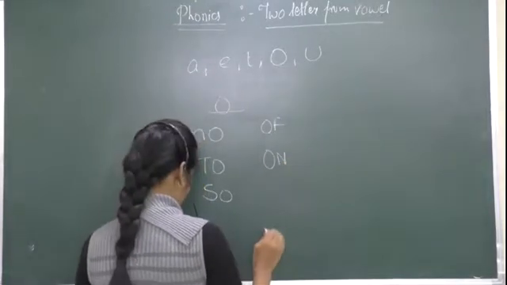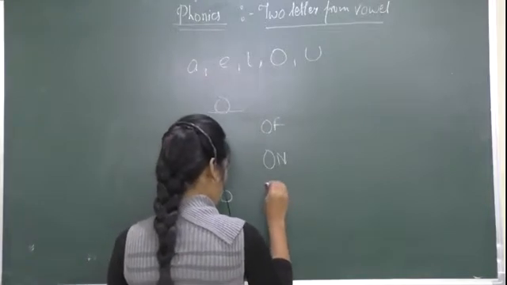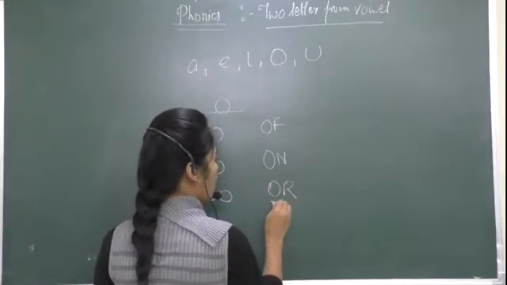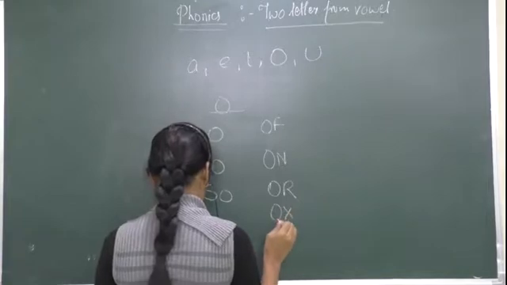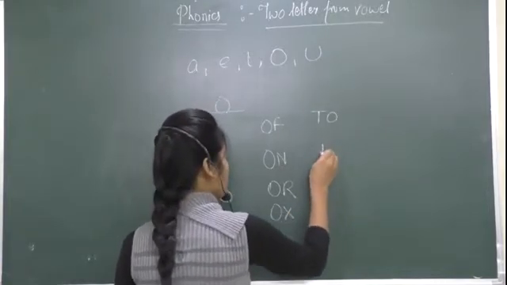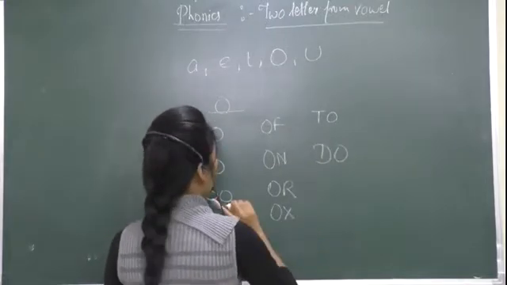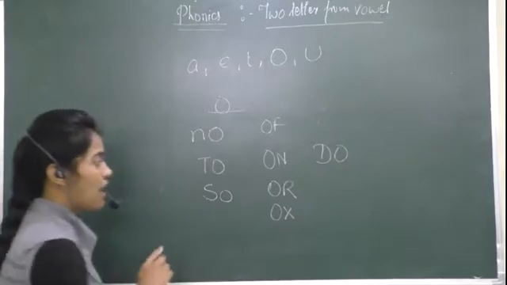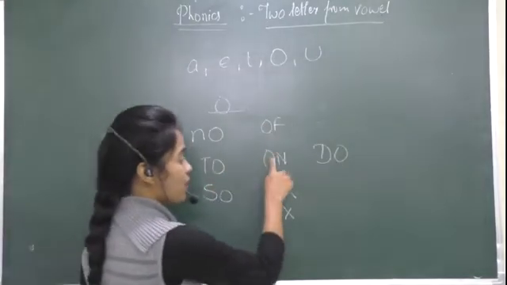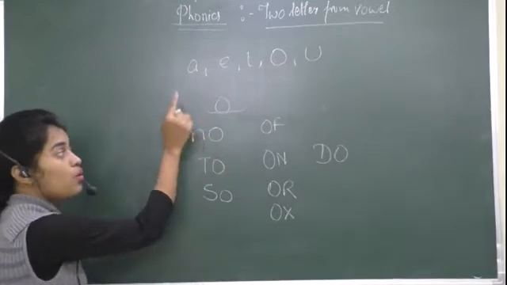O-N, on. O-R, or. O-X, ox. D-O, do. So I made 8 words from the vowel O.